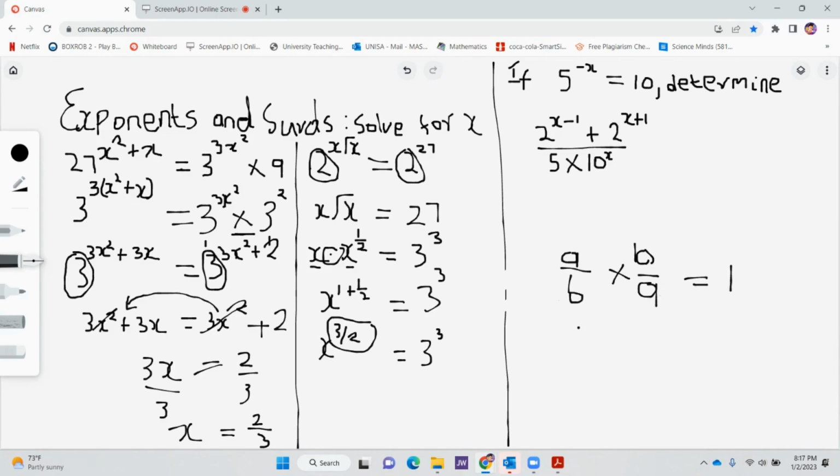And what if we had 5? We will have to multiply it by 1 over 5. The reciprocal of 5 is 1 over 5, because 5 is the same as 5 over 1. Any number divided by 1 is that number. 10 divided by 1 is 10. 100 divided by 1 is 100. And this will give us a 1.